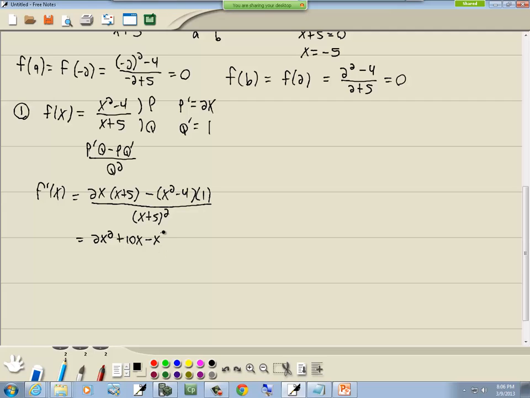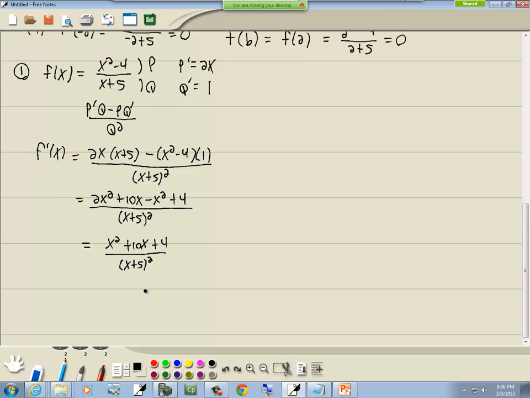So this becomes a negative x squared plus 4 over x plus 5 squared. 2x squared minus x squared gives us x squared plus 10x plus 4 over x plus 5 squared. And that's our derivative.